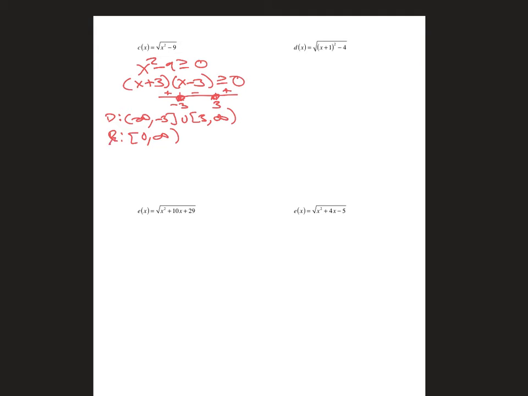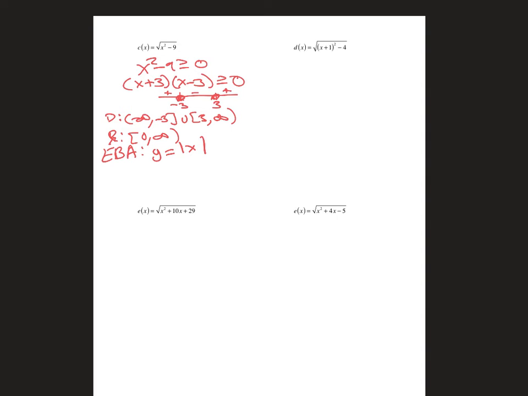And now let's do the EBA. As x gets huge, the -9 is becoming much less important. So the EBA is going to be the square root of x squared, or y equals absolute value of x. All right, and then we know I have x-intercepts, because when I did my sign analysis for the domain, it equals 0 at -3 and 3.